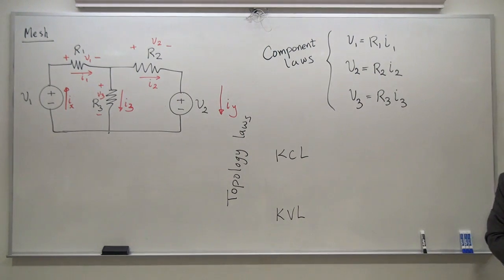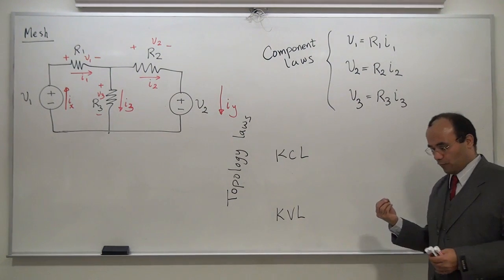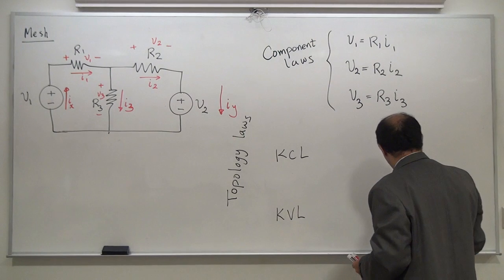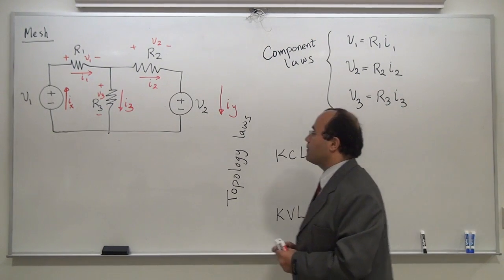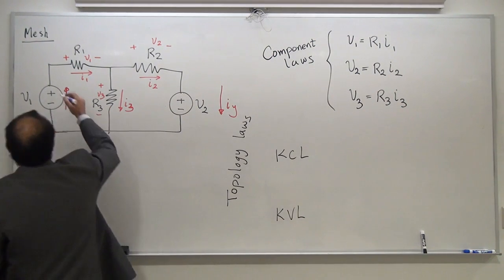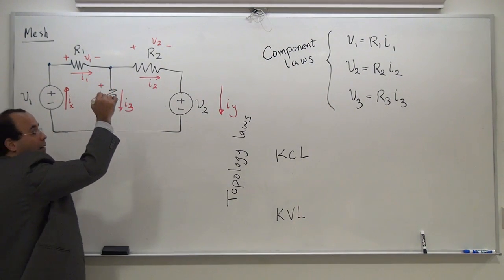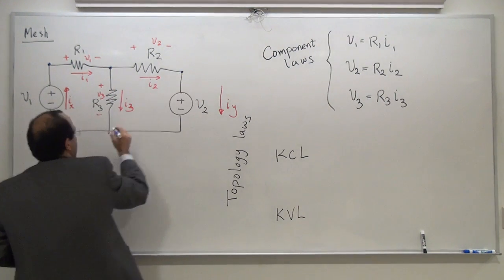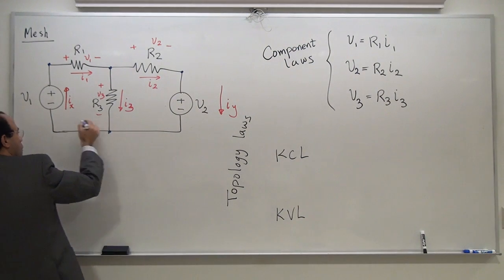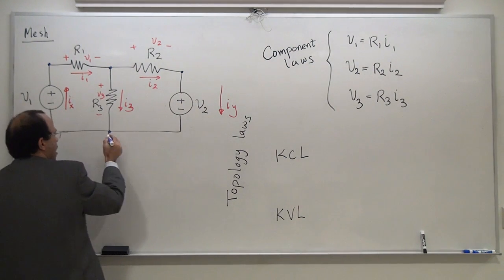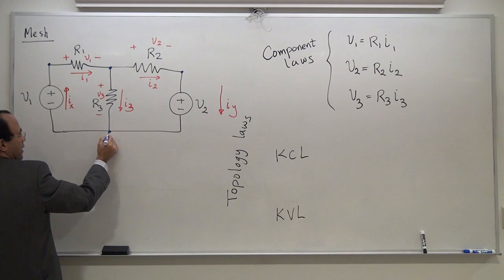For KCL law, we attack the nodes. We need to know where the nodes are and basically write the KCL law for that. So, where are my nodes? Node 1, node 2, chapter 2. We are in chapter 2 now. Node 3 and node 4. This is all one node. I'm going to assume that this is going to be a reference node.